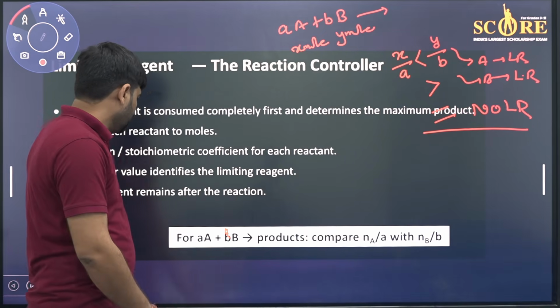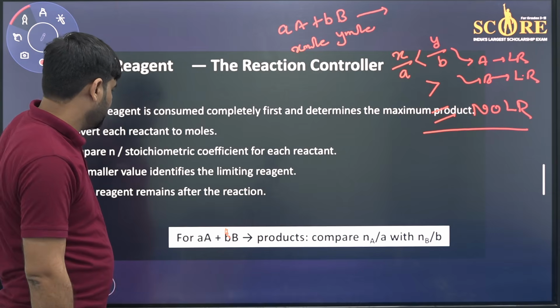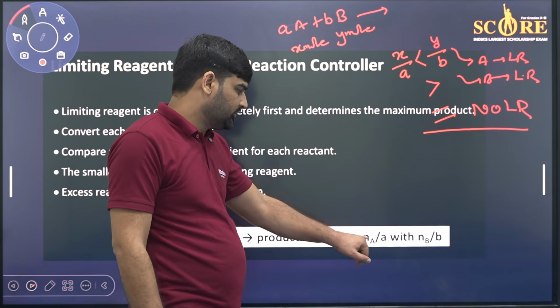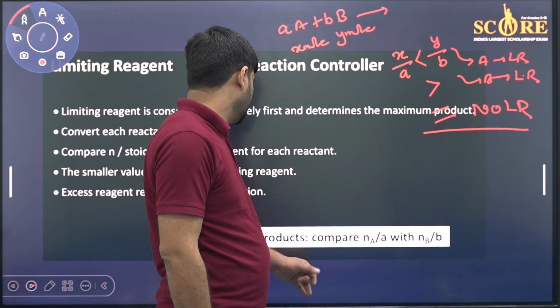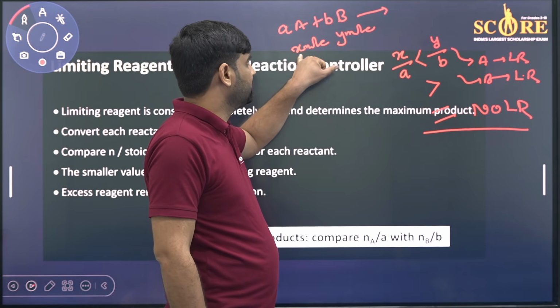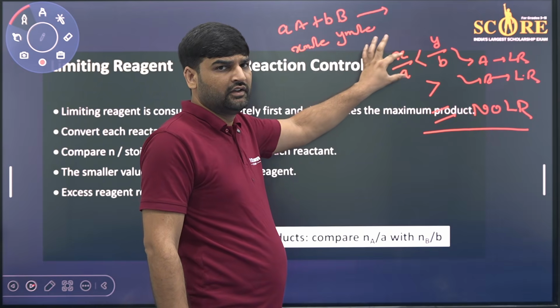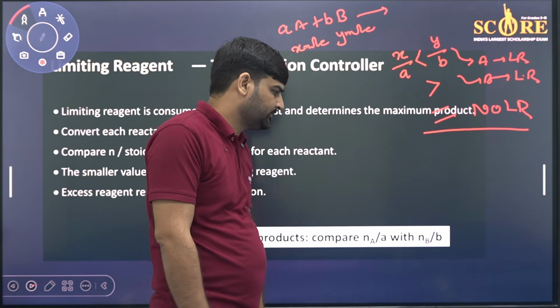So in this slide, whatever I told you is written. Moles of A divided by a, moles of B divided by b, and we have to compare. If mole divided by stoichiometric coefficient, which value will be lesser? The corresponding reagent will be the LR.